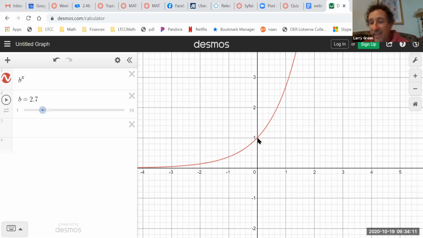But the important thing to know is what is the first letter of his last name? Now it's a spelling question, not a math question. First letter of Euler?